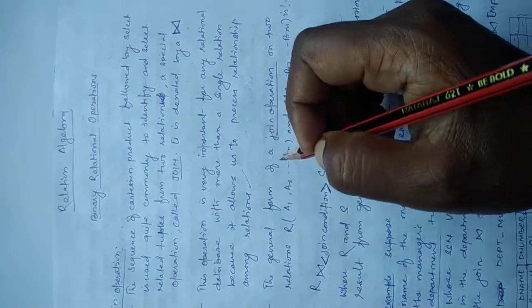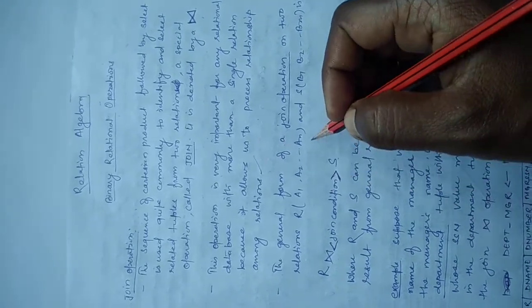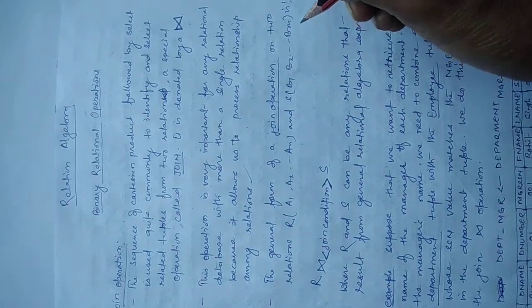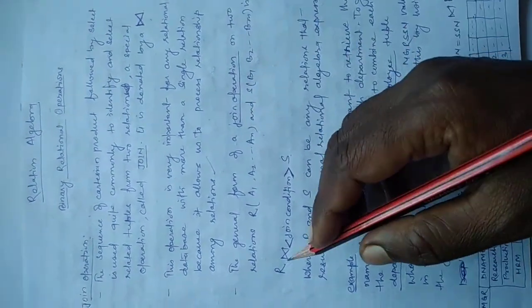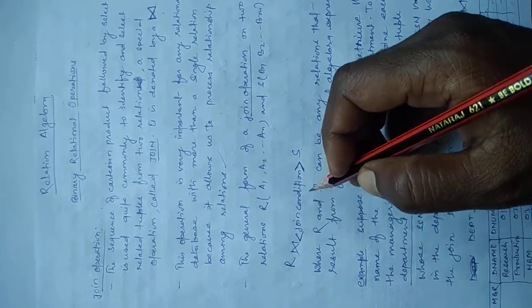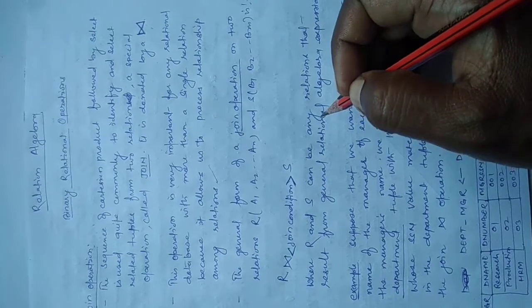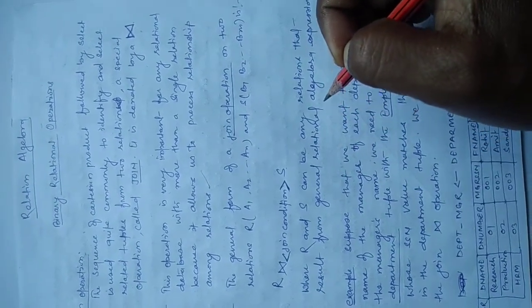The general form of a join operation on two relations R(A1, A2, ..., An) and S(B1, B2, ..., Bn) is R join <join condition> S, where R and S can be any relations that result from relational algebra expressions.